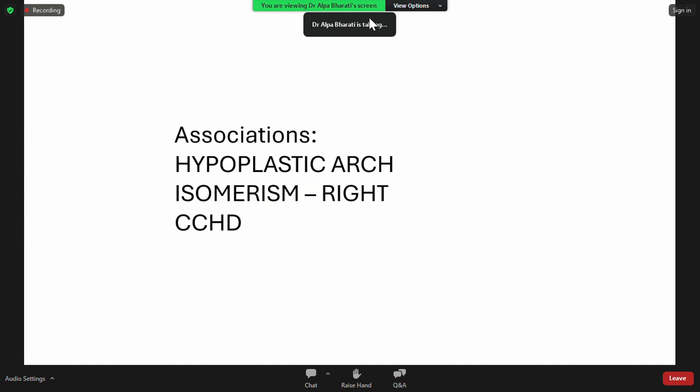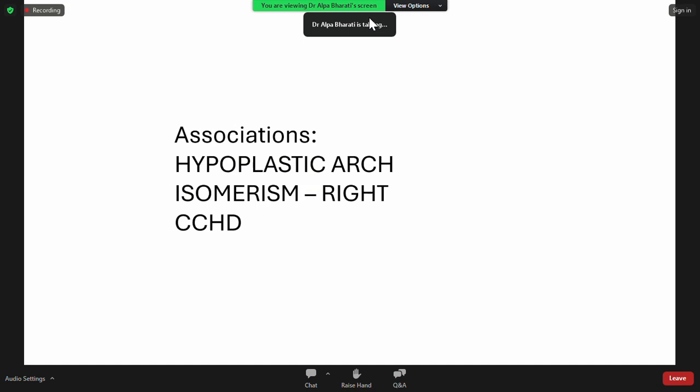As a result, especially with TAPVC, the LA is going to be small. Once the LA is small, the outflow from the LA into the LV is going to be reduced. And definitely then from the LV into the aorta is going to be small. So when this happens, the aorta may not develop adequately and it may come as a hypoplastic aortic arch or a coarctation, which is quite common with TAPVC.